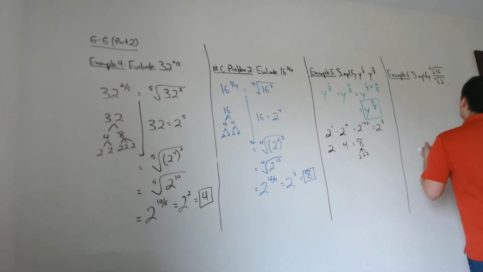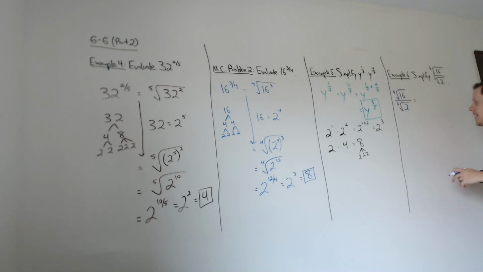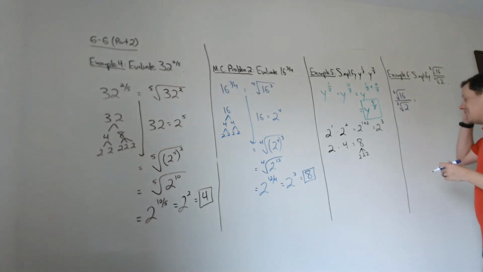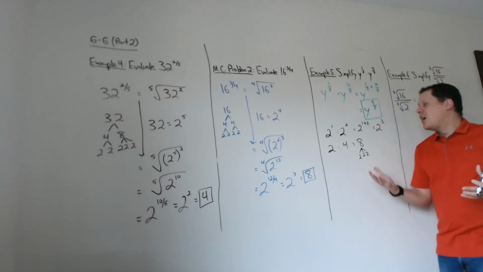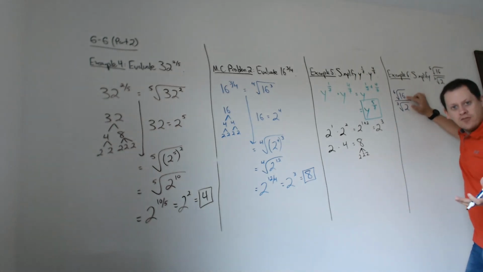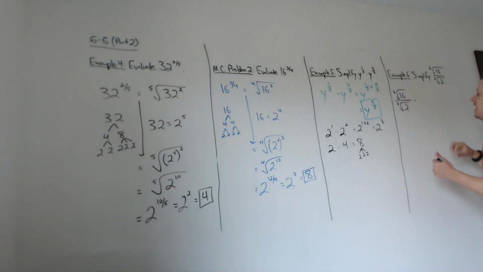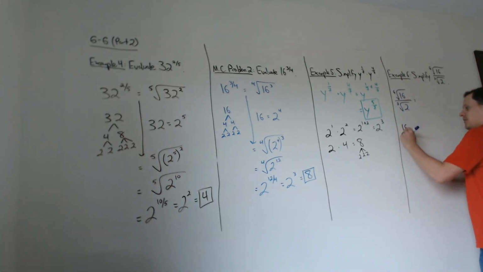So, I'm just going to start by copying down what we've got. Okay. So, it might not look like we can do much here, but we can always try breaking down a number that we have in a root. So this 16, let's break that down and see what we've got. Break down 16.